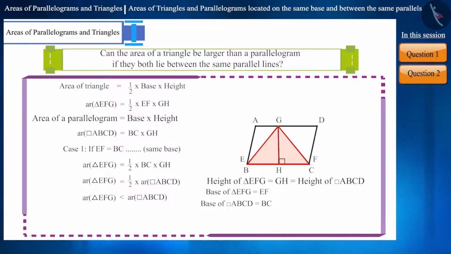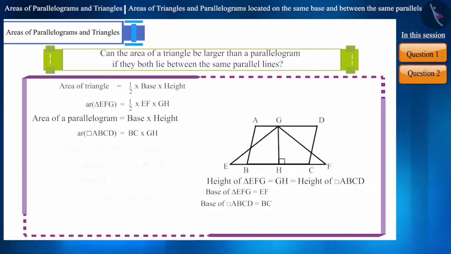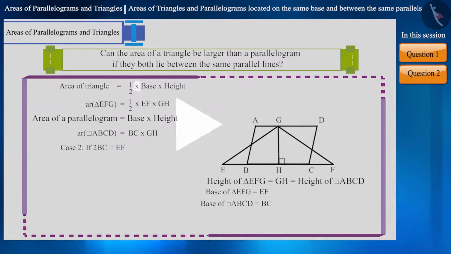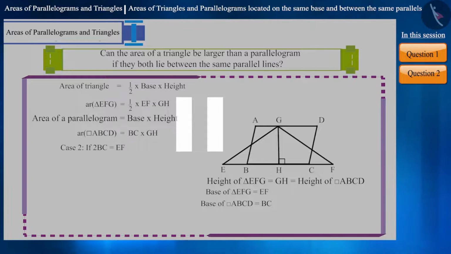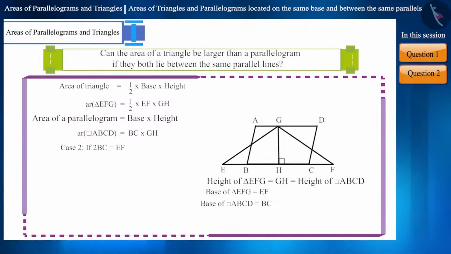If we increase the size of the base of the triangle 2 times the size of the base of the parallelogram, that is, if EF equals 2BC, then what will happen? Pause the video and think. Area of triangle is equal to half multiplied by 2BC multiplied by GH, which would be BC multiplied by GH.